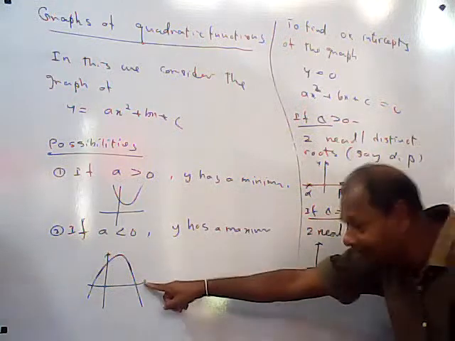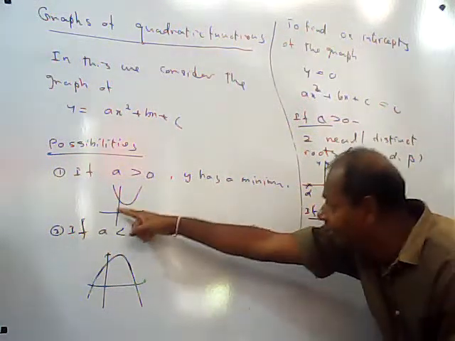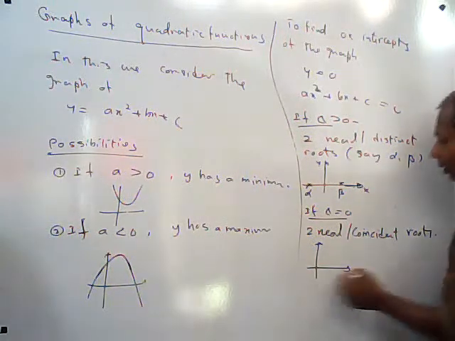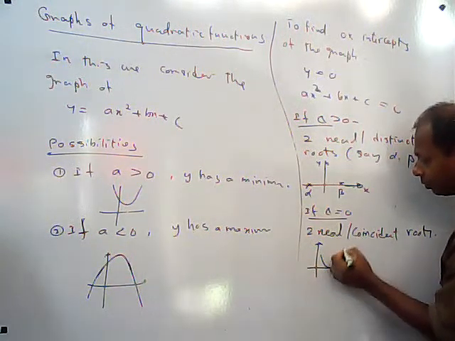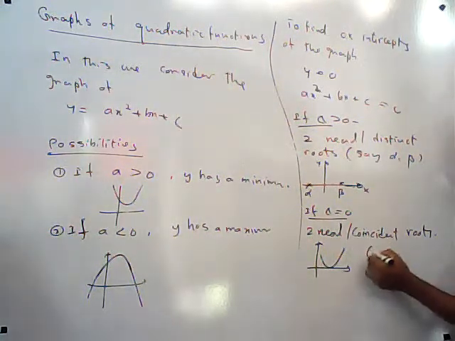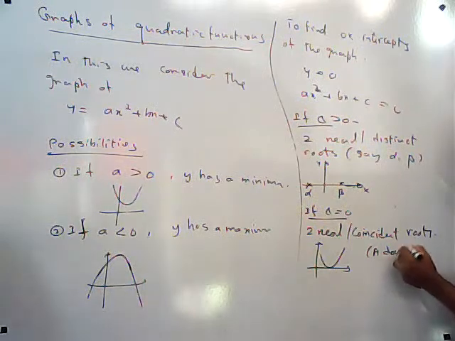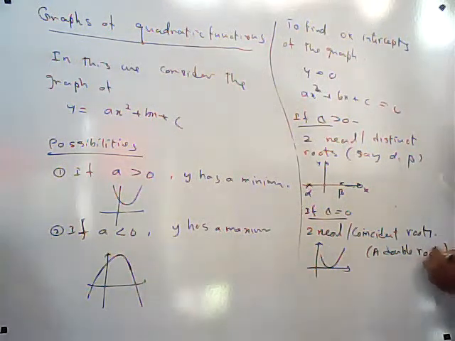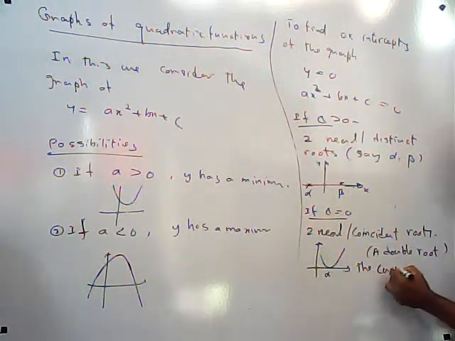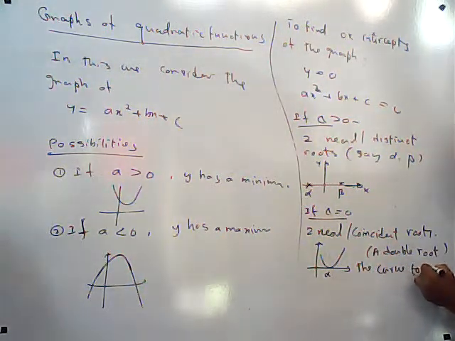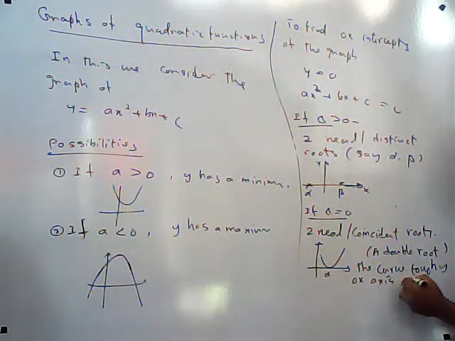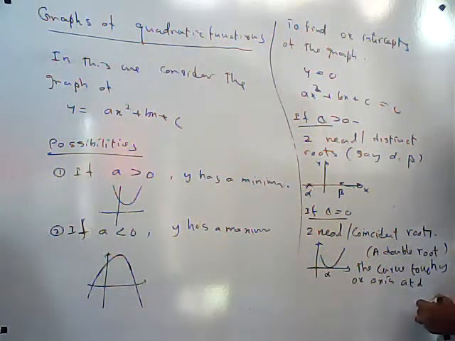Instead, it touches the x-axis like this, or maybe the other way around. This is a double root. A double root, the curve touches the OX-axis at alpha, right?